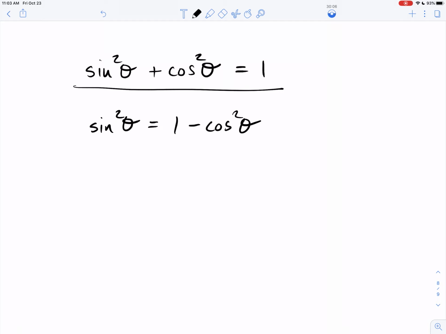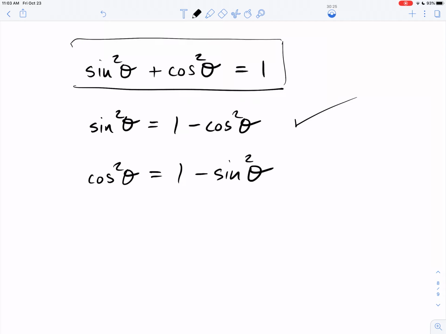See, sometimes it's more convenient to look at it this way. It's true. Or sometimes it's more convenient to look at it this way. What did I do? I went back to the original and I moved the sine squared to the other side. That's totally valid.